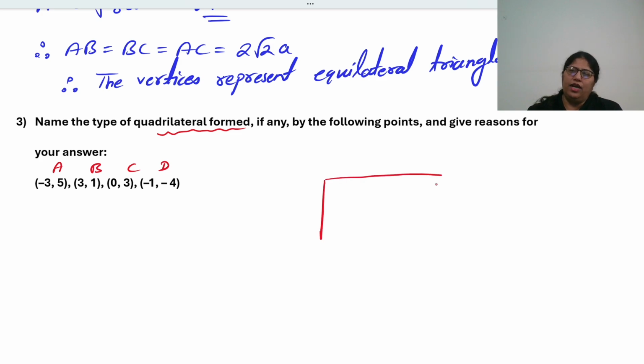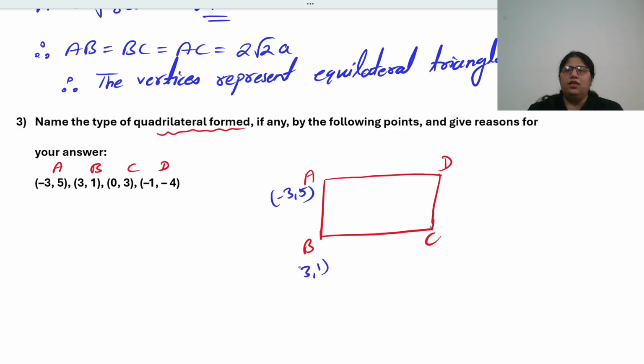I don't know which kind of quadrilateral it is, so I'm just drawing a rectangular shape, but you are not going to consider it as a rectangle. I'm just drawing it so that I can mark the vertices. So what is the vertex here? The first vertex A, if I take it as minus 3 comma 5, B is 3 comma 1, C is 0 comma 3, right? And D is minus 1 comma minus 4.